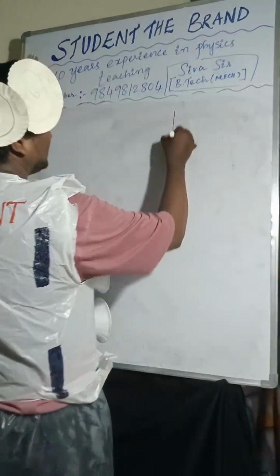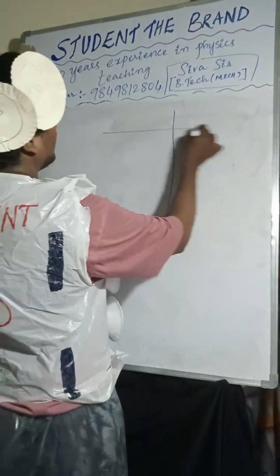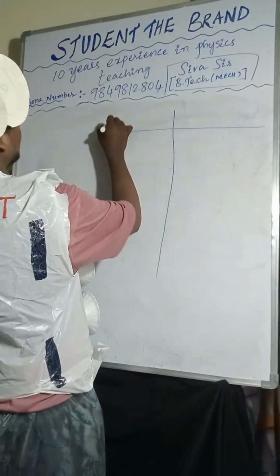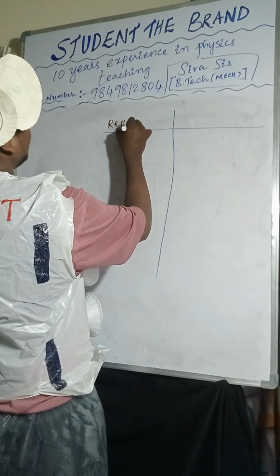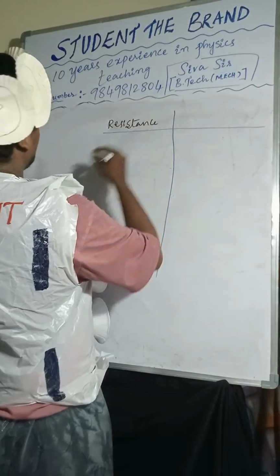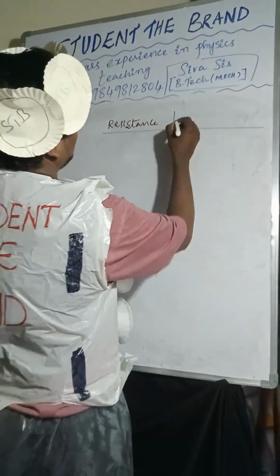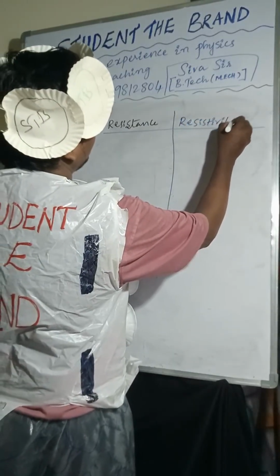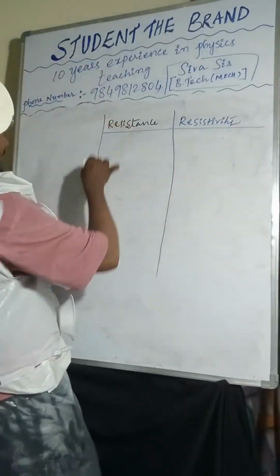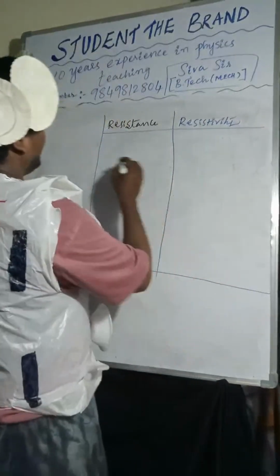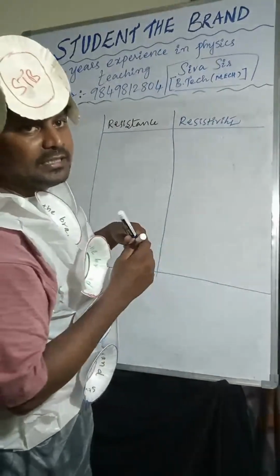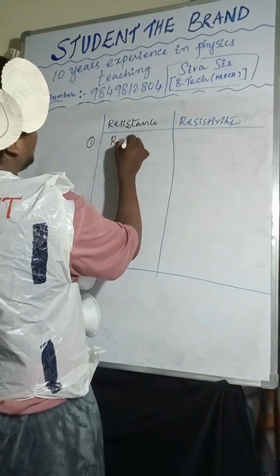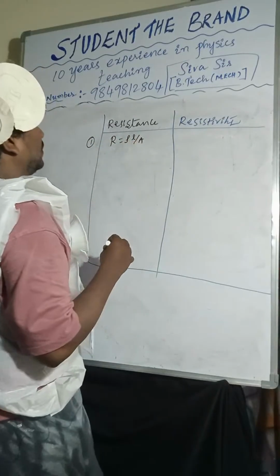Resistance, I am taking here on one side, and resistivity on the other. Now you see. The formula of resistance is R equal to rho into L by A.